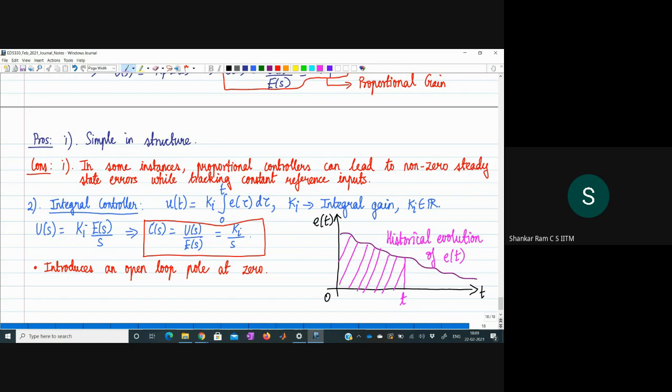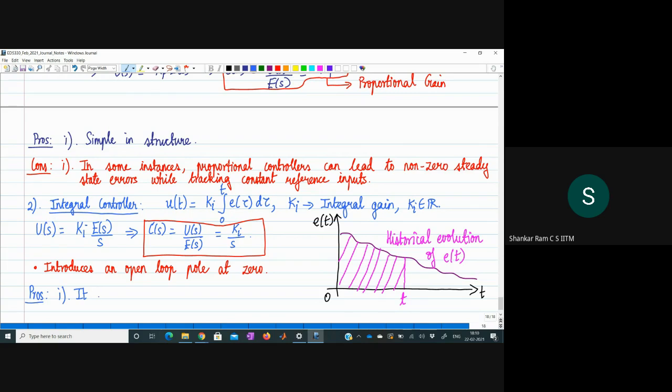Once again, what are the forms of this integral controller? The main advantage is that the integral controller can help us in eliminating steady state error, or ensuring zero steady state error, at least theoretically, for tracking constant reference.